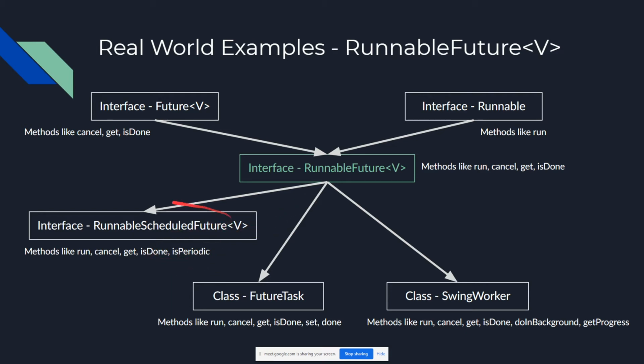And then, in addition to interfaces, we can implement this interface in our classes. So we can have a future task, which will have all of the methods that runnable future has. And we can have a swing worker, which again has all the methods that the interface has, plus a couple more.